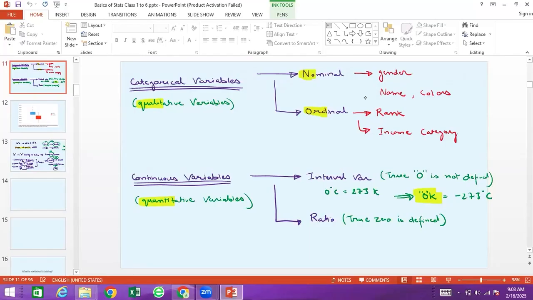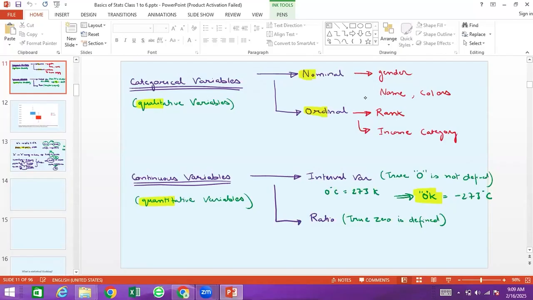So, for example, 0 degrees Celsius is not the absence of heat. 0 degrees Celsius is the freezing point of water that we have taken as a reference. If we want to truly measure heat, then it should be measured in Kelvin.